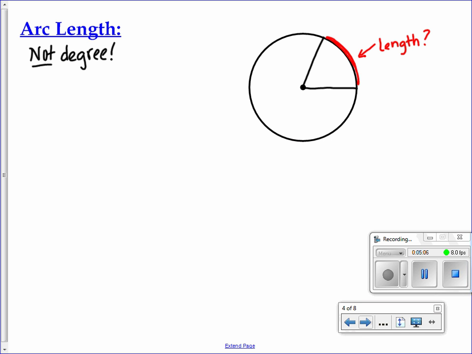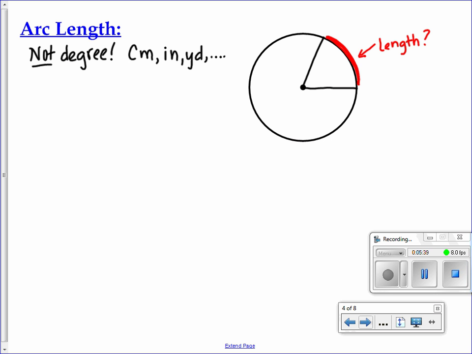So basically our units are going to be centimeters, inches, yards, you know, whatever length units have been given in the problem. So how you figure it out is you need to know the entire circumference of the circle, and then you need to know what fraction or what piece is this arc taking up of the circumference, and that'll give you your length.